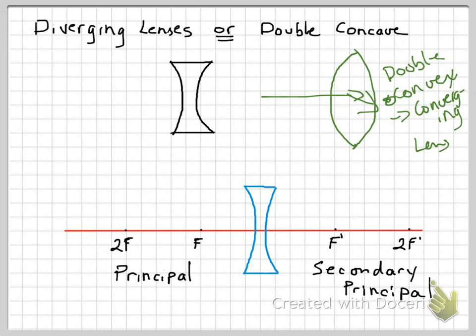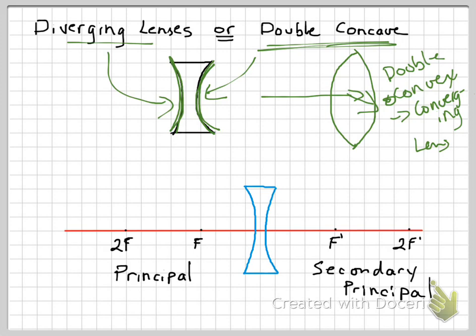What we're going to focus on here is now what's referred to as a double concave. Double concave because it's bending inwards here. So when you pick up the lens, you're going to feel it dip in the middle. This is again referred to as a double concave, or a diverging lens.